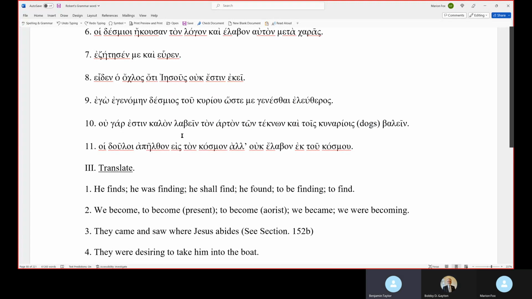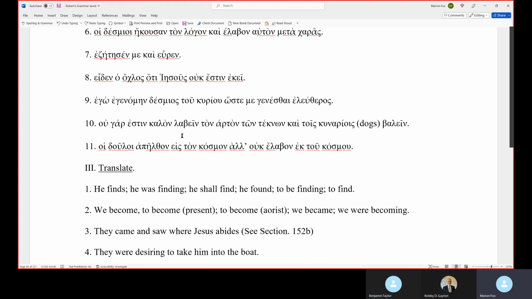For he is not beautiful to receive the bread of children and to throw to the dogs. It just didn't make sense to me. Well, it could be "it" instead of he, she, or it. For it is not good to give the bread of the children, even to the dogs. To receive or give, for it is not good.